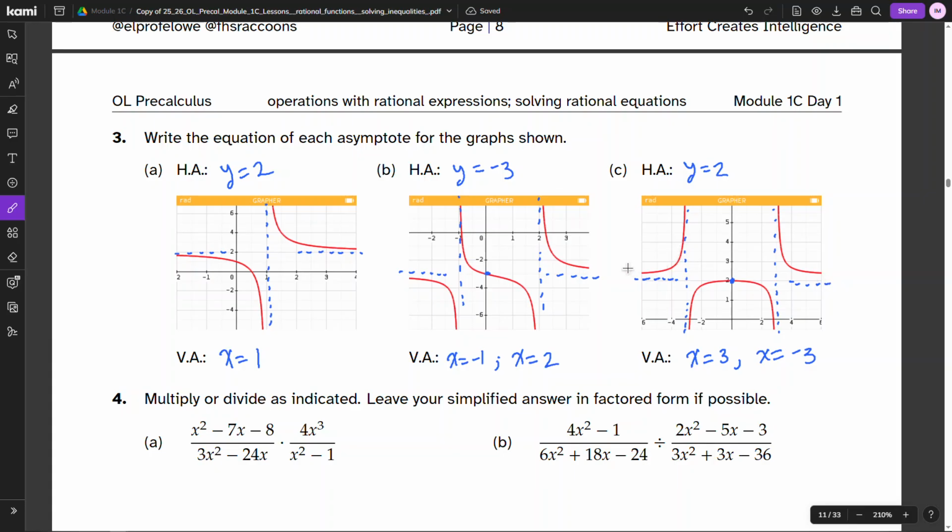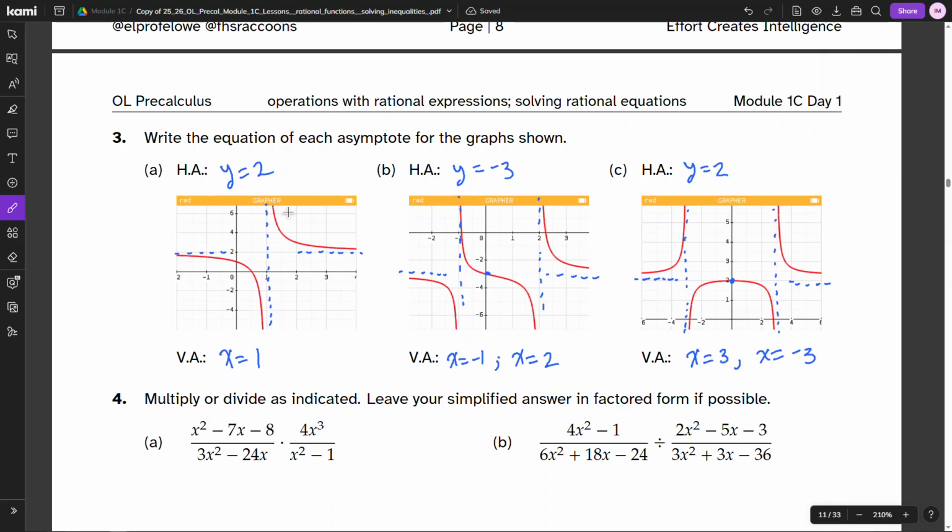On the left side it appears to be flattening out and approaching a value of y equals 2, right? In the middle, I'm equal to 2, and that's okay. That's still my horizontal asymptote. Same thing for this one right here. Horizontal asymptote y equals -3, but my function does equal -3. It's just what my function is approaching as x goes to +infinity and as x goes to -infinity.